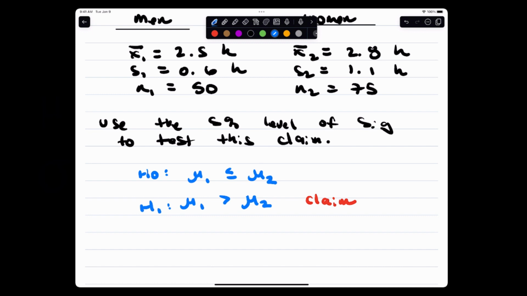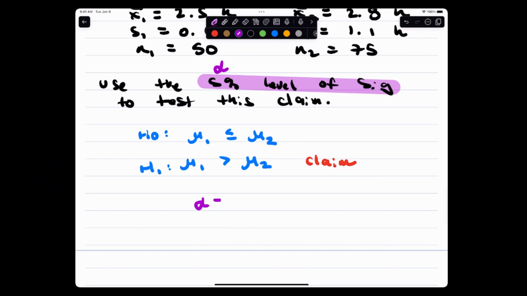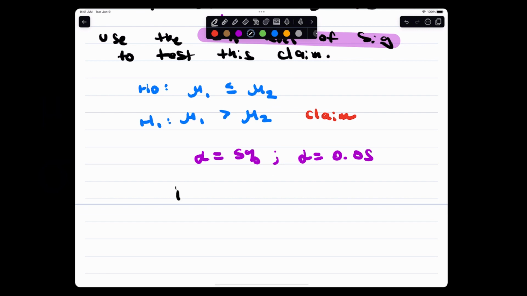They want us to use what? The 5% level of significance. So alpha is 5%. Is that true? So we're going to use the modern method. And let's see what this is. P is less than alpha.